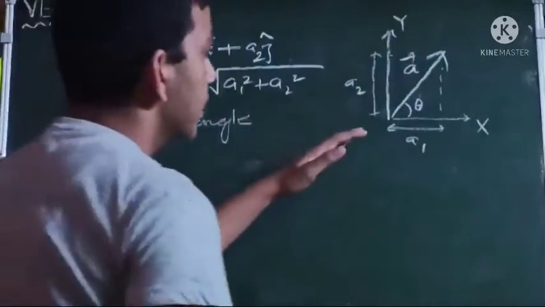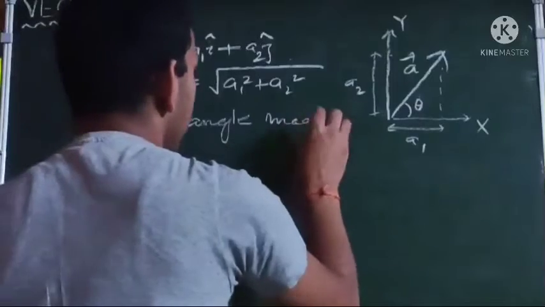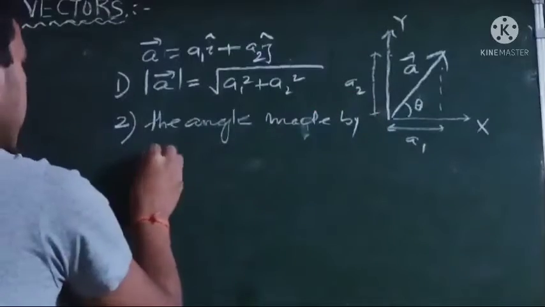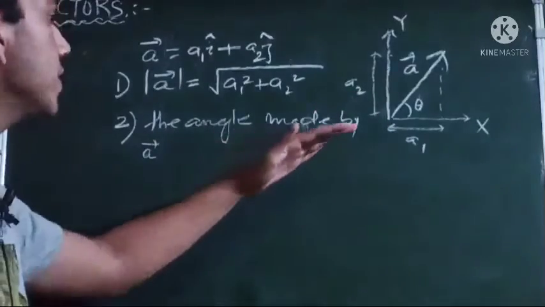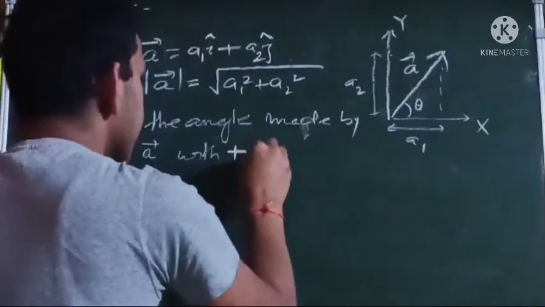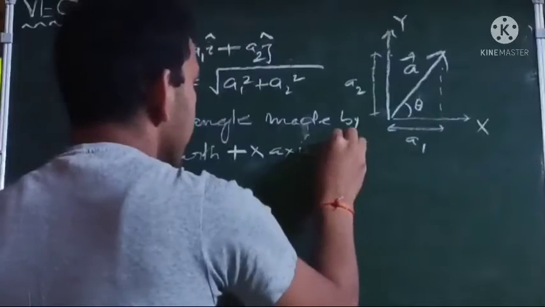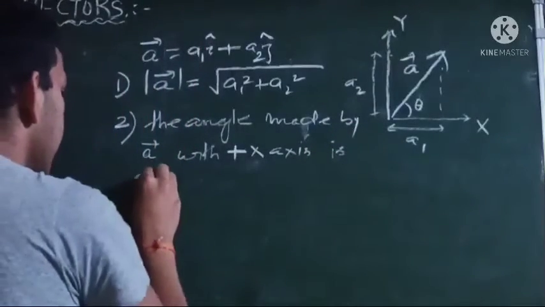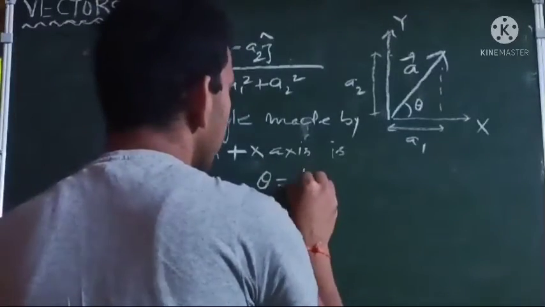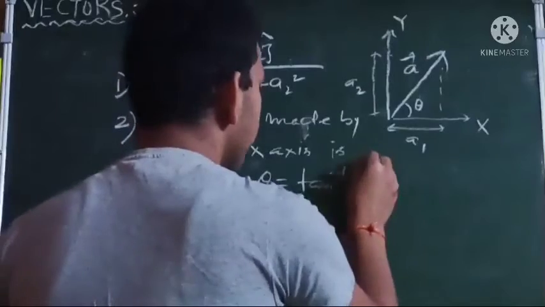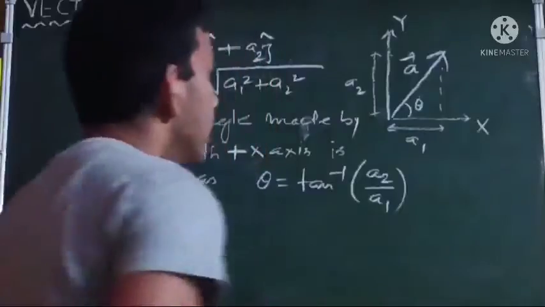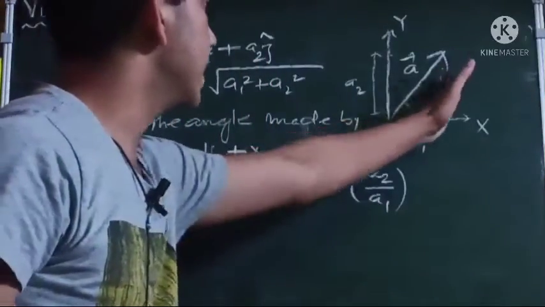The angle made by this A vector with the positive direction of x-axis is given as theta is equal to tan inverse of A2 upon A1, because tan theta is basically A2 upon A1.